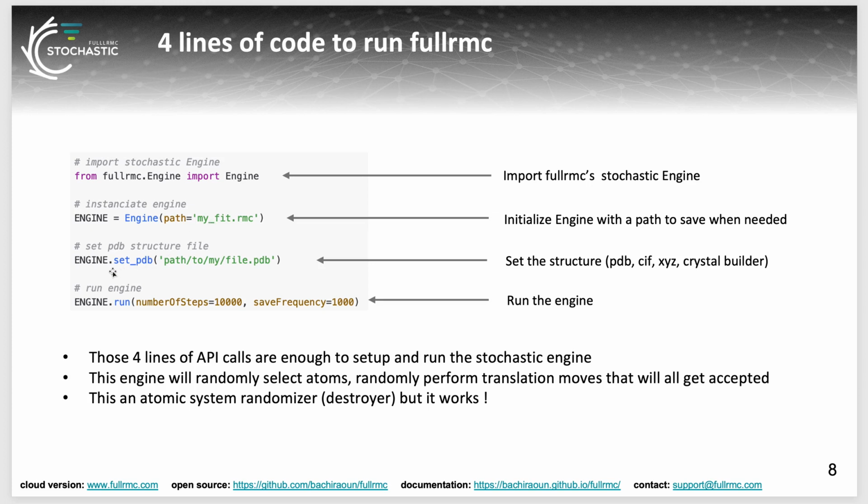Then I can read an initial structure. fullrmc can ingest PDB files, CIF files, XYZ files, or you can build your own crystals using fullrmc's crystal builder. And then you would run the system. So those 4 lines are enough to run fullrmc.